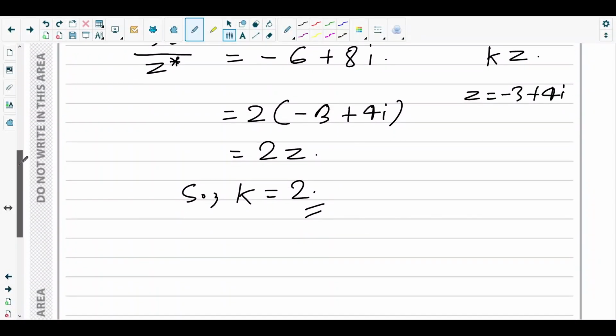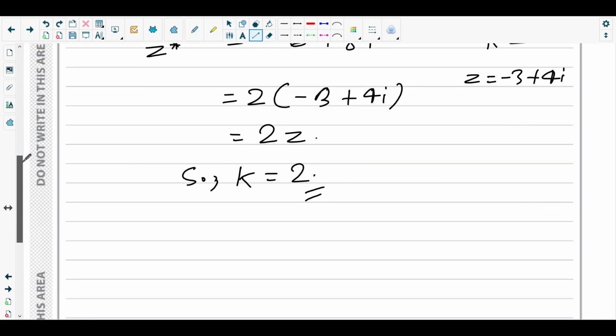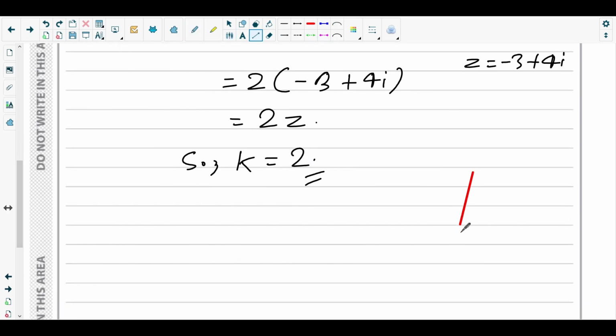To understand the argument, we have to understand the complex number 50 over z star on the Argand diagram.